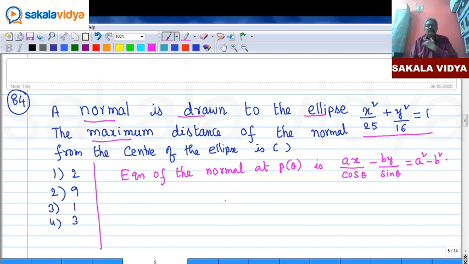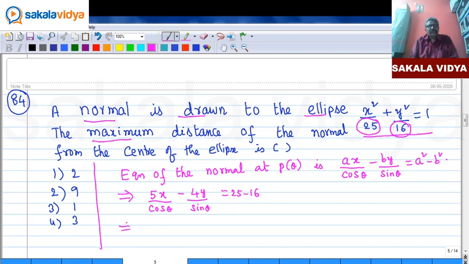Right. So next, here the equation of the normal becomes: a square is equal to 25, b square is equal to 16, a stands for 5, b stands for 4. Here 5x by cos theta minus 4y by sin theta equals a square minus b square, 25 minus 16.